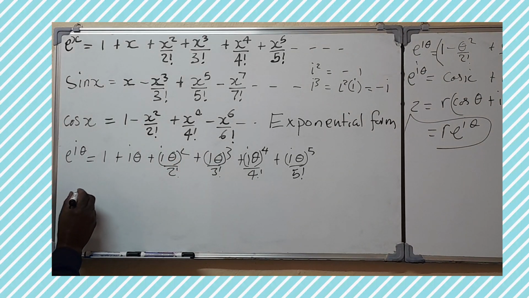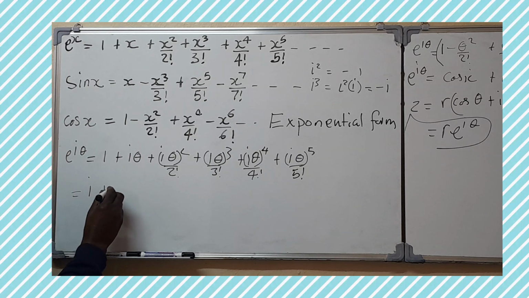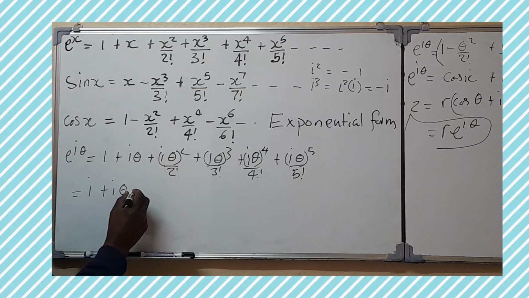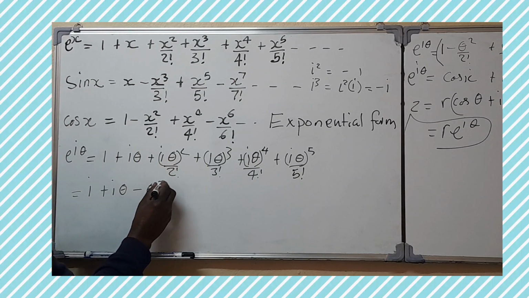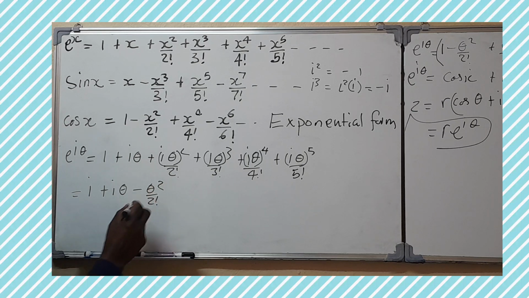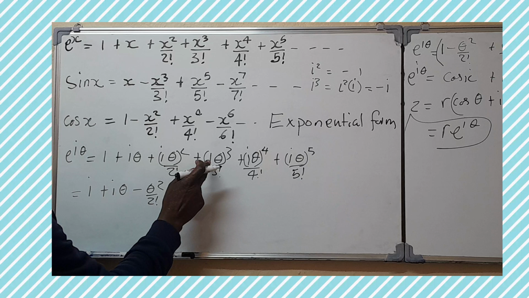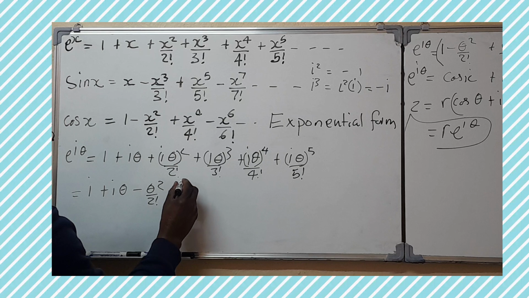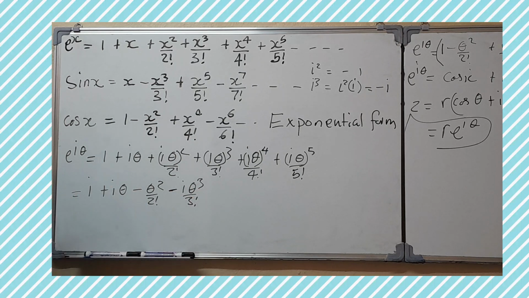So this is equal to our 1 here, plus our I theta, of course, nothing happens. Then here we have an I squared, which will give us a minus theta squared over 2 factorial, because the I squared gives us a minus 1. Here we have an I squared times an I, which is a minus 1 times I. So that gives us a minus I theta cubed over 3 factorial.